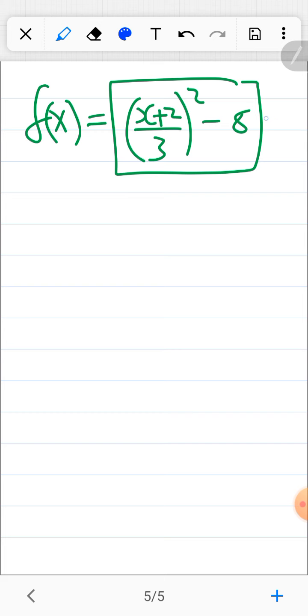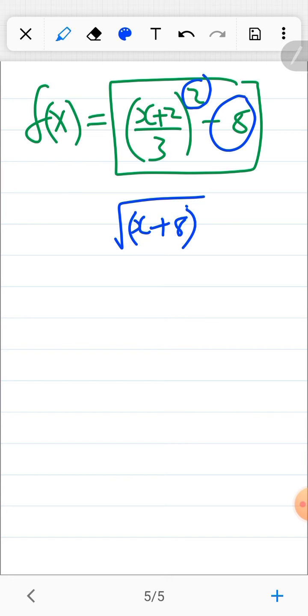First of all, I'll start with what this thing did last. That was to subtract 8. So the first thing I'm going to do is to add 8. Next thing this function did is it squared. So the next thing I'm going to do is take a square root of this term. After that, this component was divided by 3.